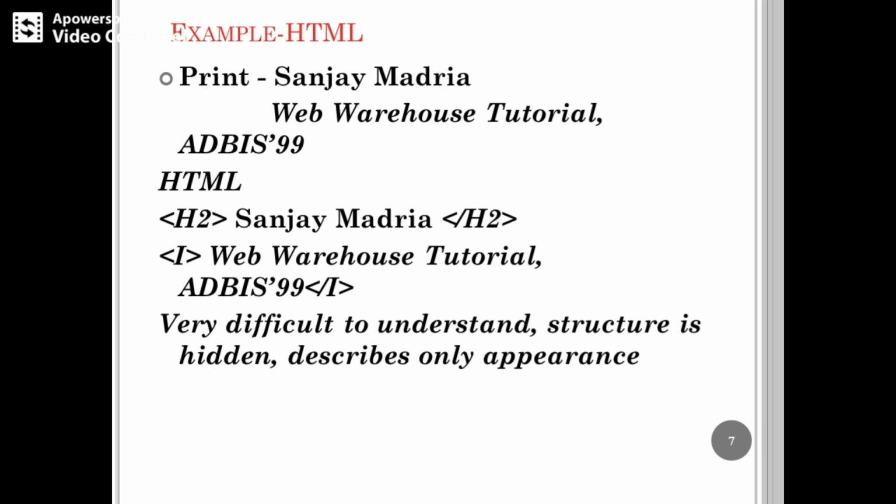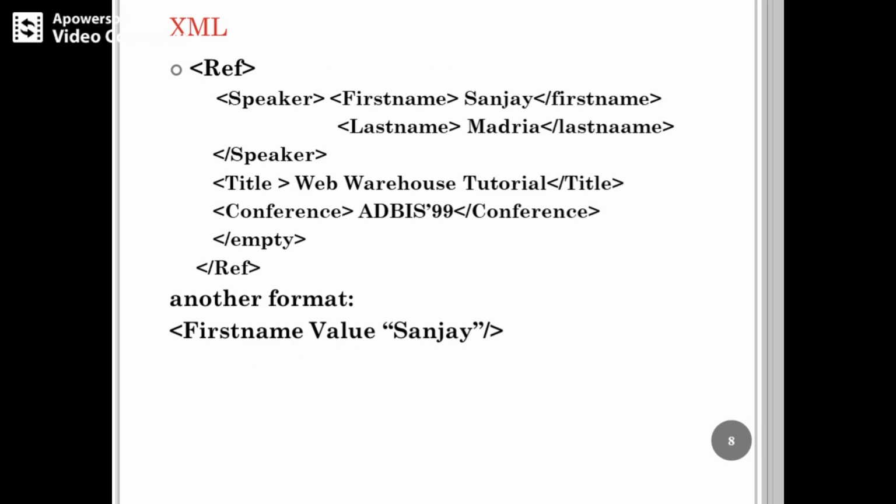So how do we write HTML? Basically we include certain predefined tags. If you want a header, we can include a particular level of heading, and it does not matter about the case in HTML. The same thing can be written in XML by user interpretation.